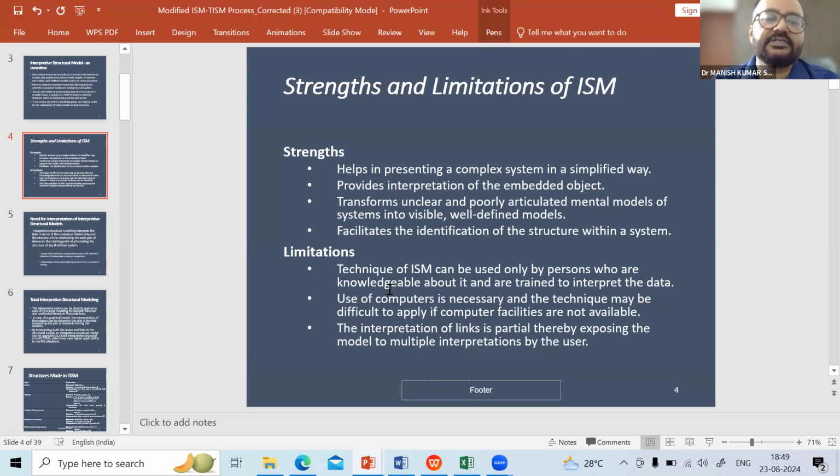That is the main limitation. And if you take the data from them, it will be difficult, because when you put the values in the software, it will not give you the result. That's why we go to the TISM model. It's a new technique. It gives you liberty and assessment techniques which are more approachable and easy. So that's why we go for that.